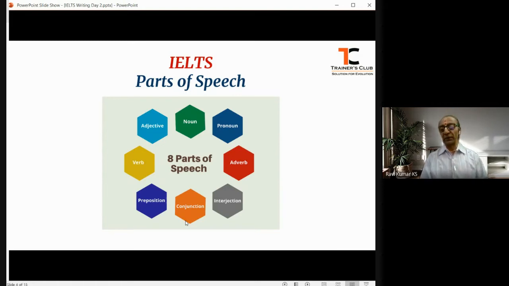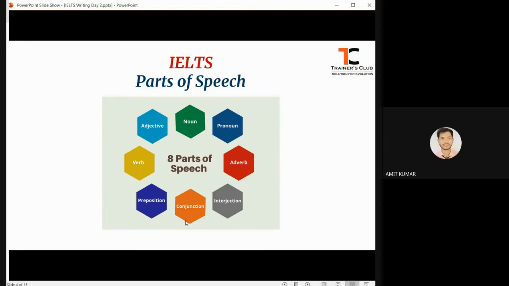Then the final one, interjections, are used to express deep feelings. It can be your joy, or your sorrow or sadness, or a surprise. It can be anything. To express the deep feelings of a person, interjections are used. Is it clear about the parts of speech?